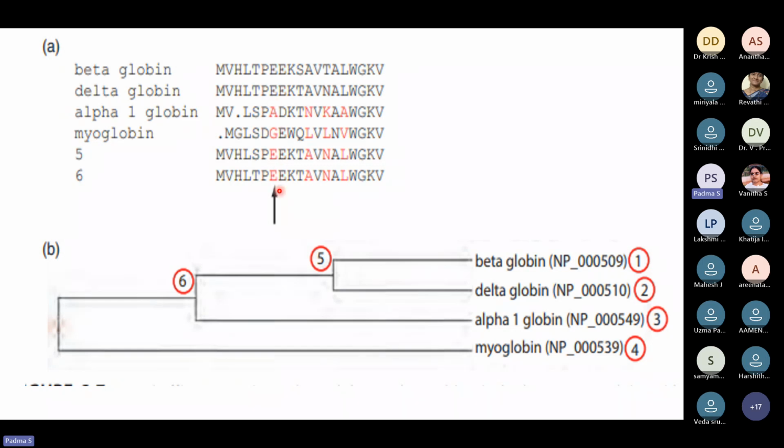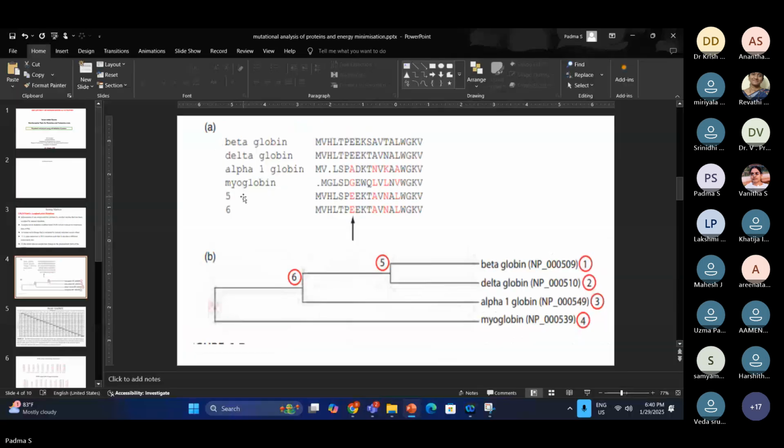What is the nature of these amino acids? Anybody? Yes. What is amino acid? Letter A stands for? Hello? Participants?